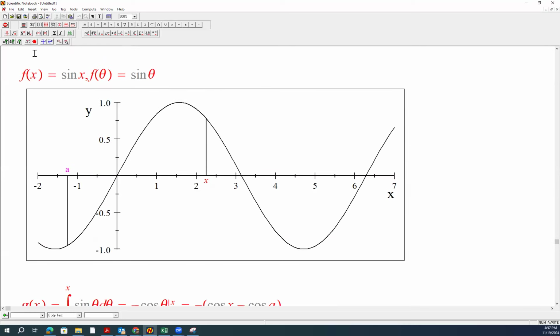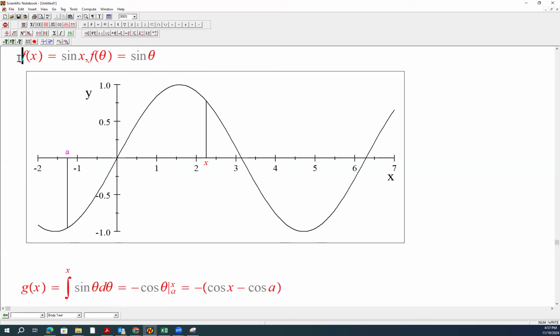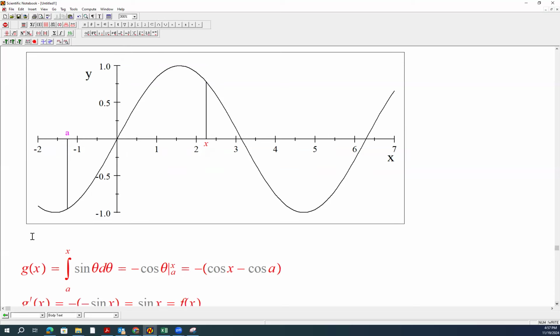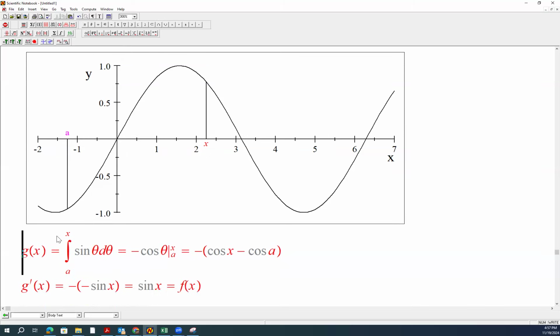This example I've chosen is f of x is sine of x. So this is the sine curve. The area between a and x, where a is arbitrarily chosen, I just choose a to be here. Suppose b is somewhere here, so x is between a and b.